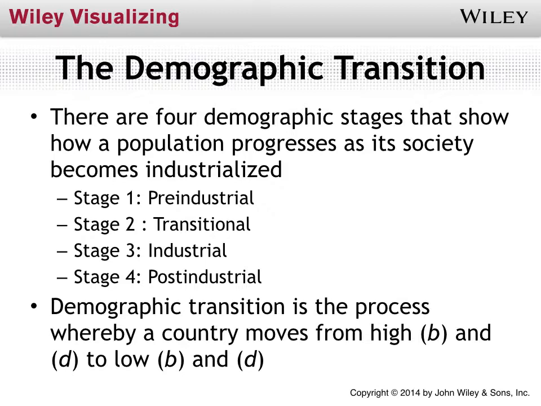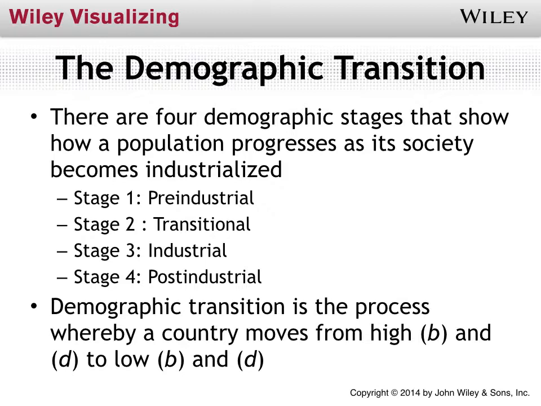So I mentioned the word demographic transition earlier. So basically there are stages that societies go through as they progress towards becoming industrialized. And we'll look at a graph in a minute. But basically, countries go from being pre-industrial to a transitional phase to then becoming industrialized to then reaching the final stage of being post-industrial.